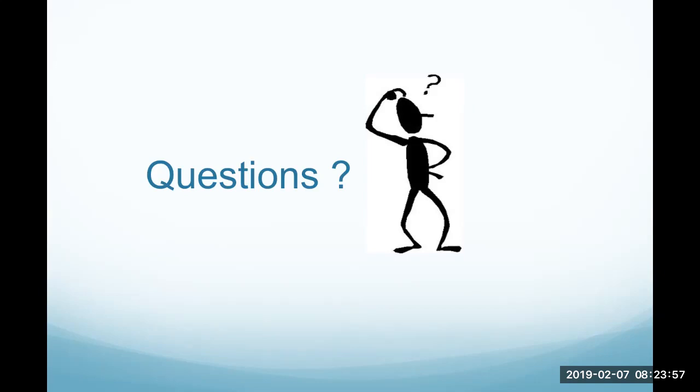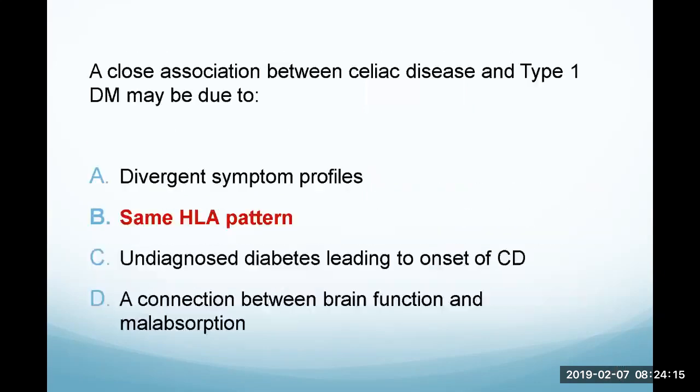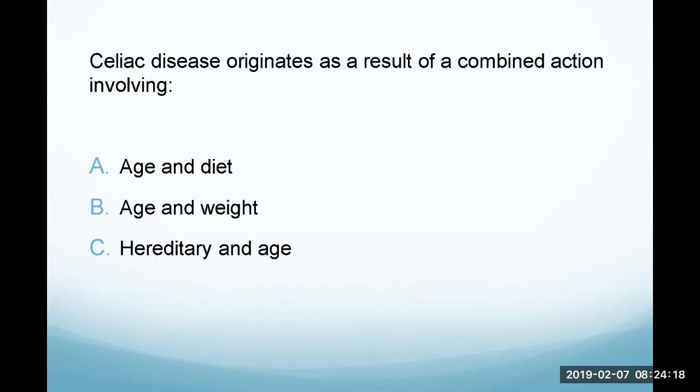If you have an asymptomatic sibling who's positive on serology, do you scope them? Yes. The main reason is that they may be falling under the category of silent celiac disease. Let me show you this slide real quick.